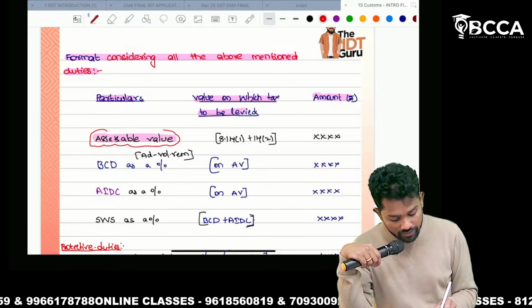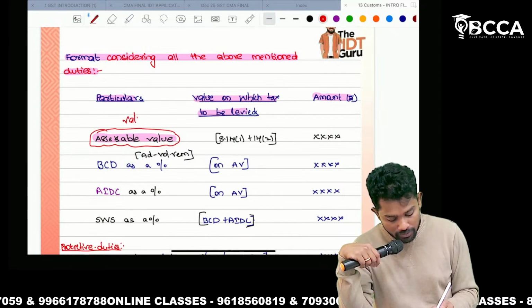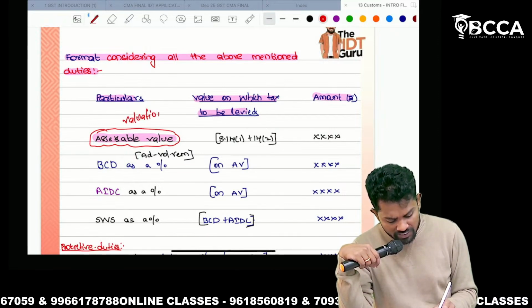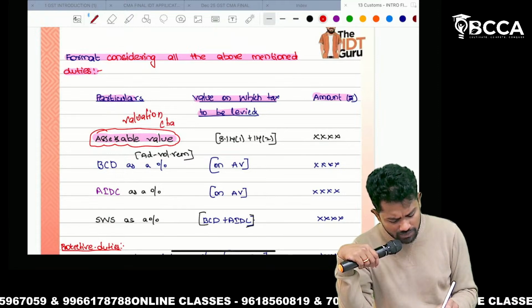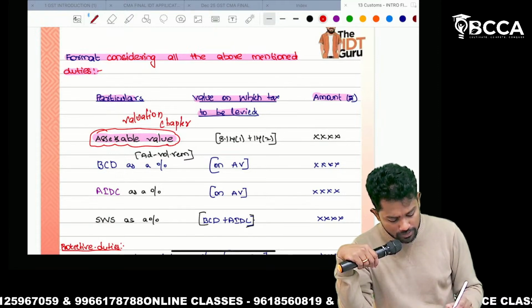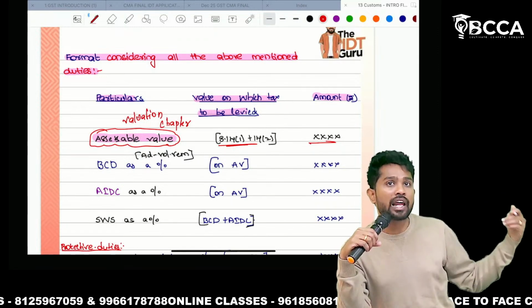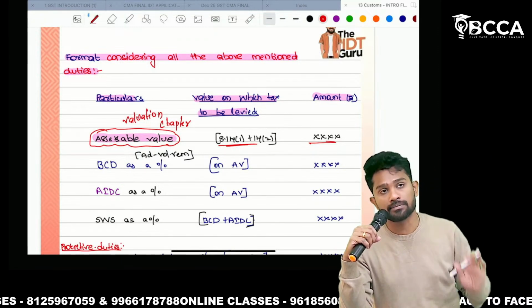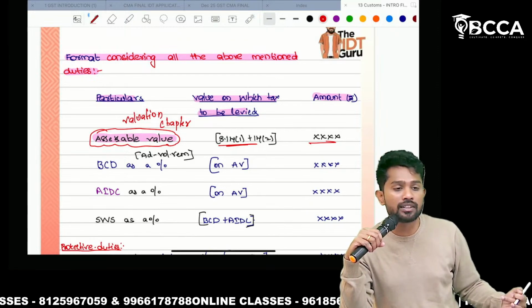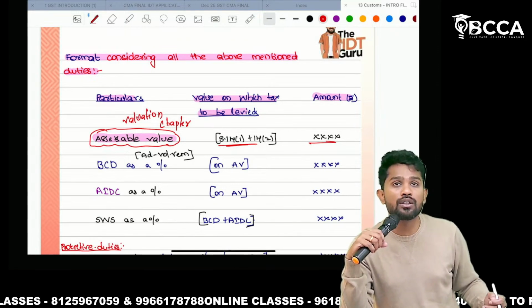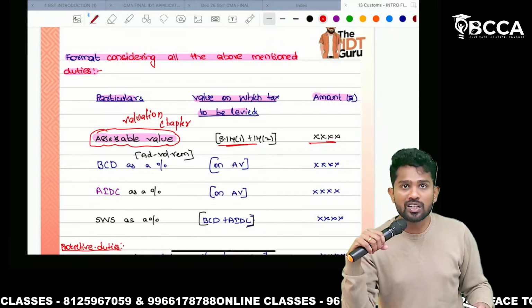This we learn in the valuation chapter. Okay, forget about assessable value, because we learn in the valuation chapter how to arrive at it. So if you arrive at assessable value, then how tax will be computed is what we are learning.